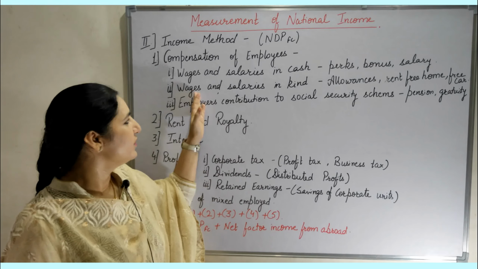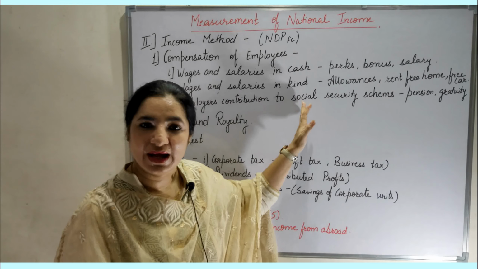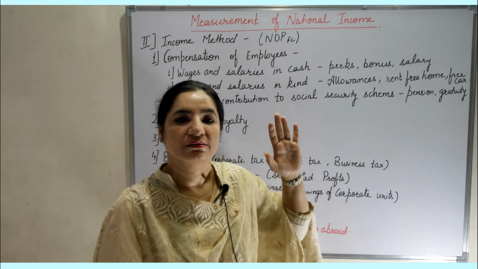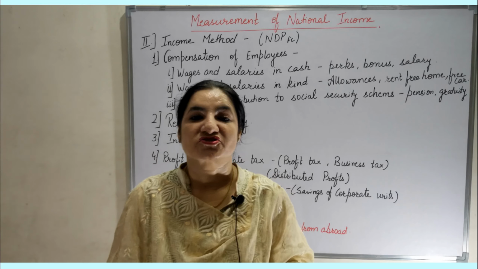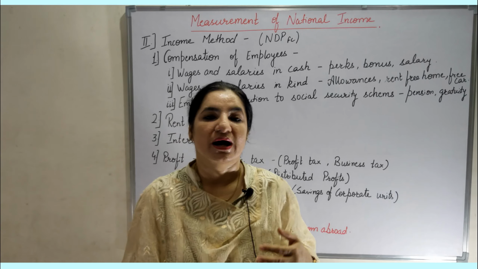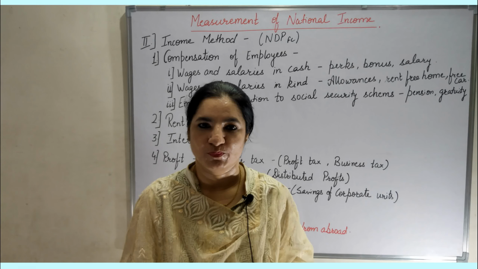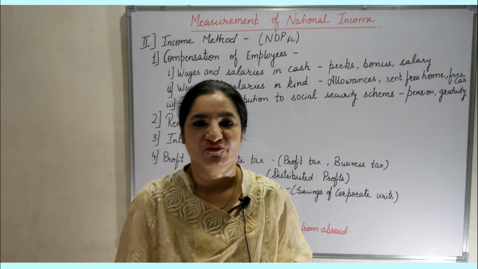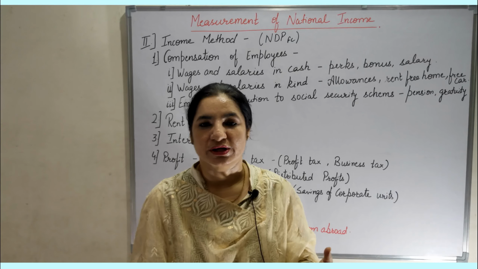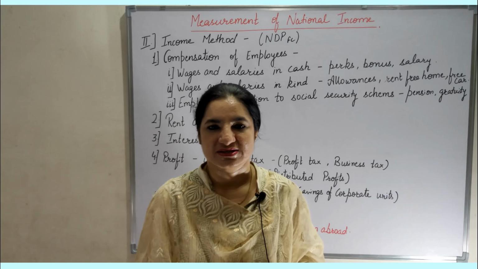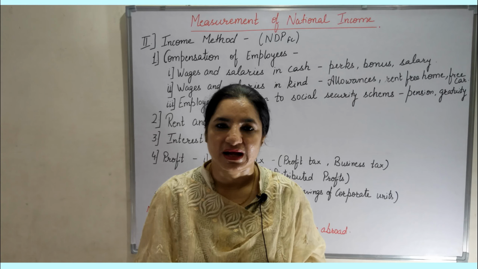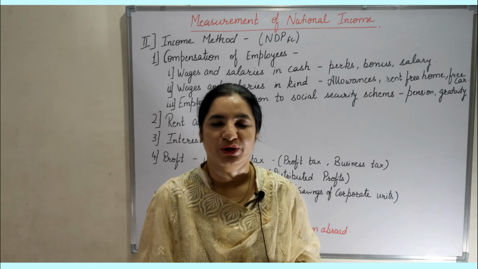Second head may be wages and salaries in kind. It means all the extra benefits which are given from the side of the employer and availed by the employees, but they are not paying for it. It may be included as the imputed wages and salaries, such as free cars provided by the employer.